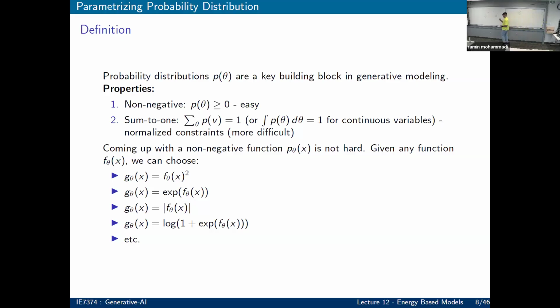Your goal is that when you fill all these pixels, the correct image has the highest possible probability. But if you just increase the probability of the correct image without decreasing the probability of wrong images or wrong combinations, they never sum to one. You see the challenge?